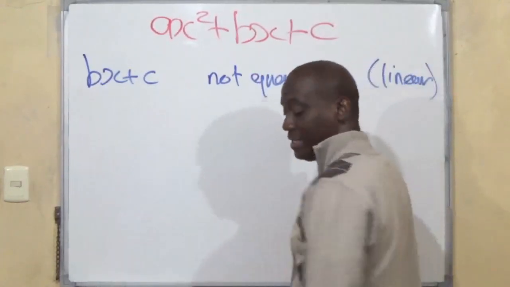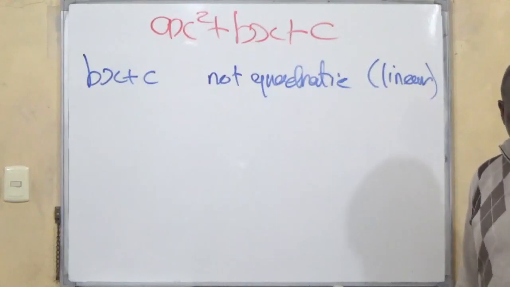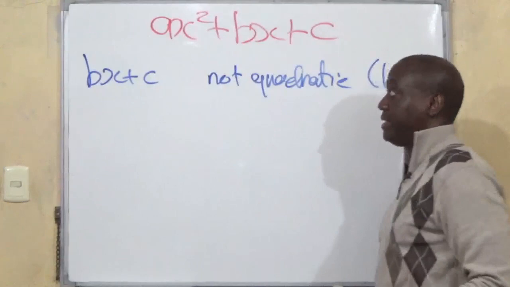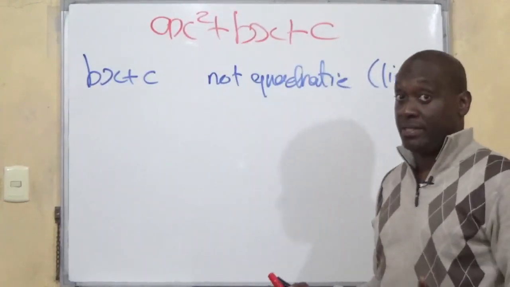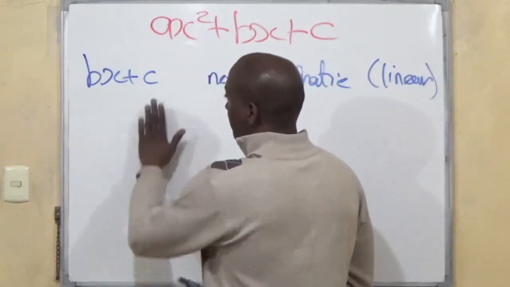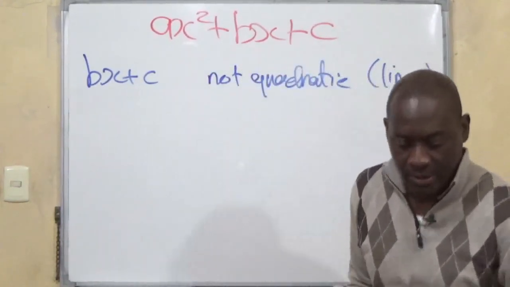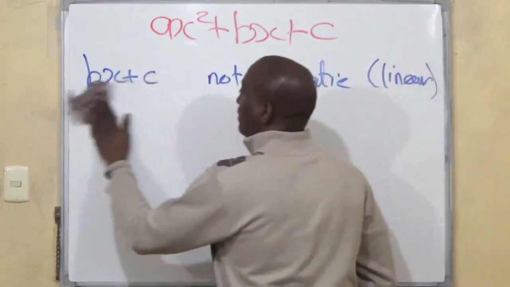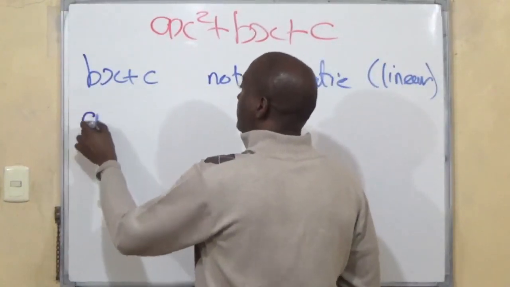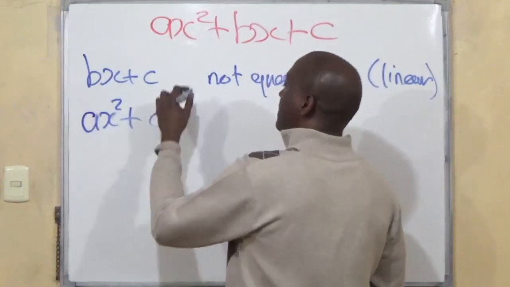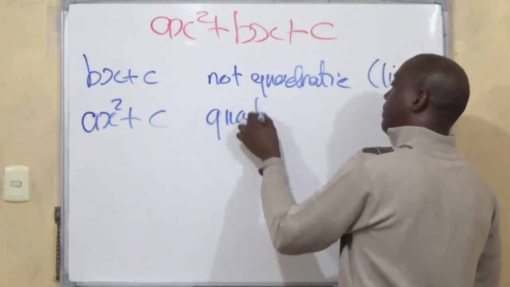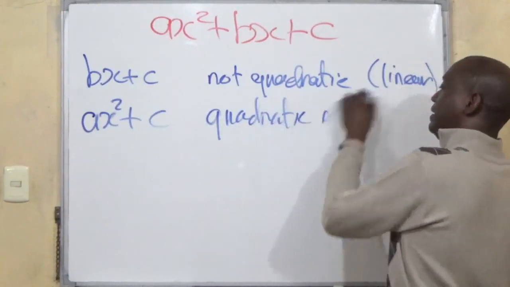So your a cannot be 0. If that happens, then you have a linear expression. So for this to be a quadratic, your a must be in the picture. However, your b could be equal to 0. If your b is equal to 0, we are left with ax squared plus c, which is in fact a proper quadratic.